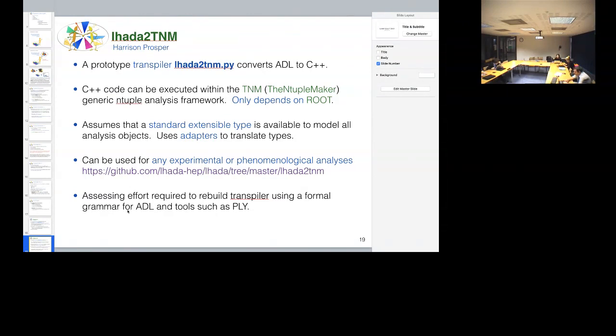One of the limitations of this particular prototype is that it's basically built by hand. We are now assessing the effort required to rebuild it using a formal grammar for the ADL and tools such as PLY. In fact, Jim has been very helpful in this regard in trying to teach us how to do all this.